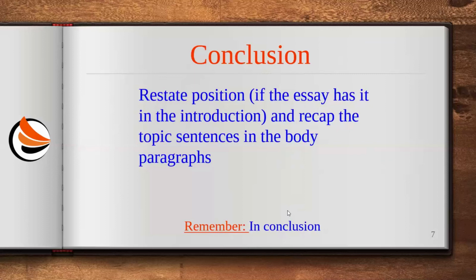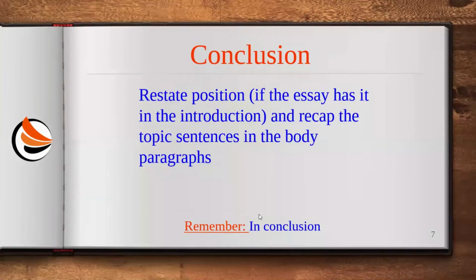So you just go on to recapping, to paraphrasing the topic sentences that you gave in the body paragraphs. This is the essay. This is the structure. It is organized enough. It's logical enough. If anybody is reading the essay, the person will be able to follow your train of thought and the arguments that you're projecting in the essay that you are writing.